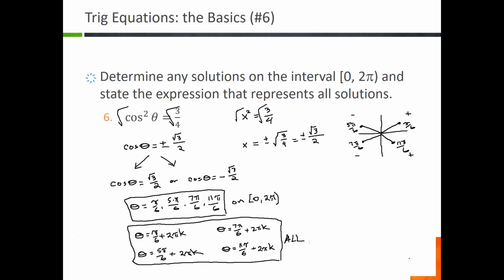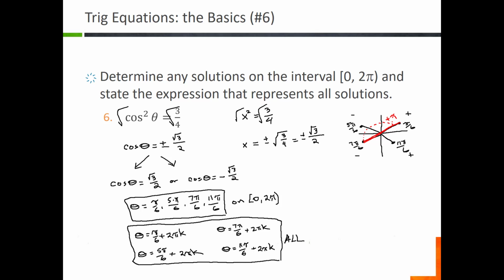Now there is a little bit of simplifying that we can do here. Notice that pi over 6 and 7 pi over 6 are opposite angles. They are straight across from each other. So that means from pi over 6 to 7 pi over 6 is a distance of pi.